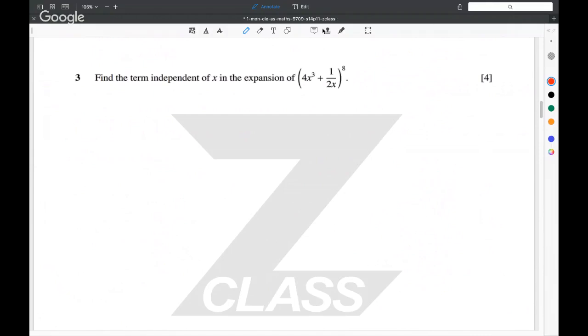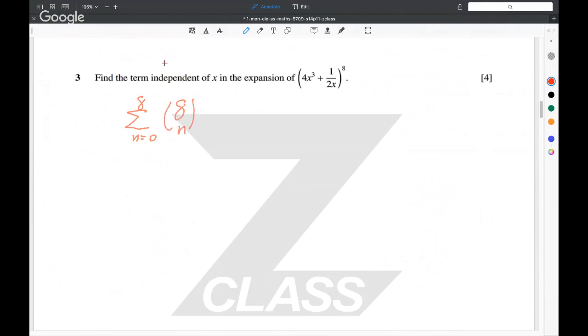Okay, question 3. Now you're trying to expand a binomial product. And the formula for that is, it's actually easier to just write it. You should sum from 0 to 8, 8 choose n.